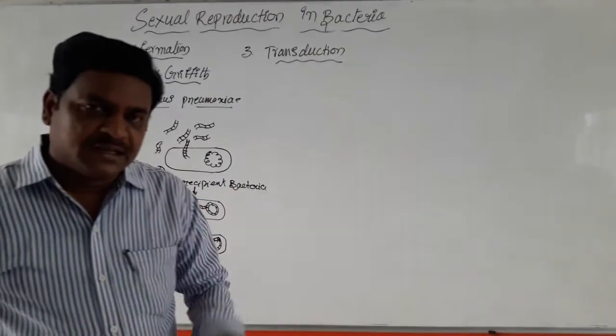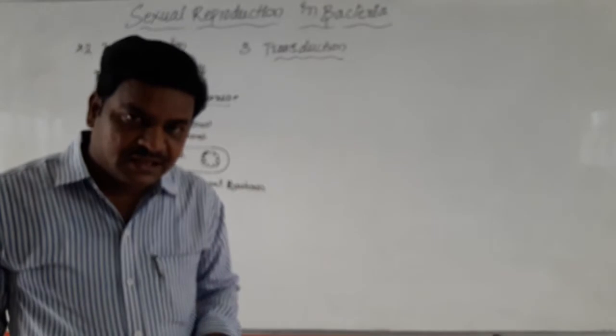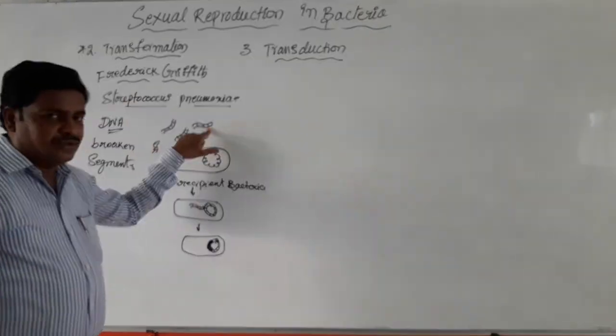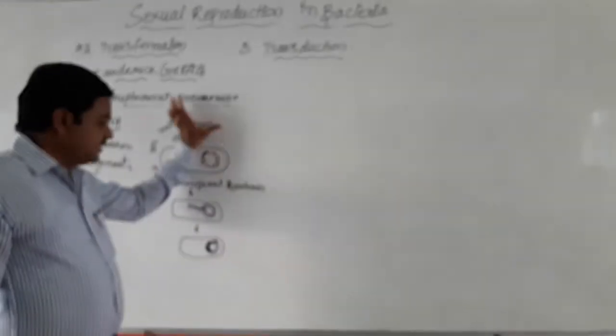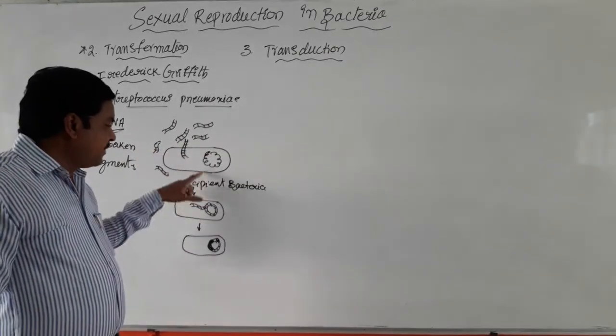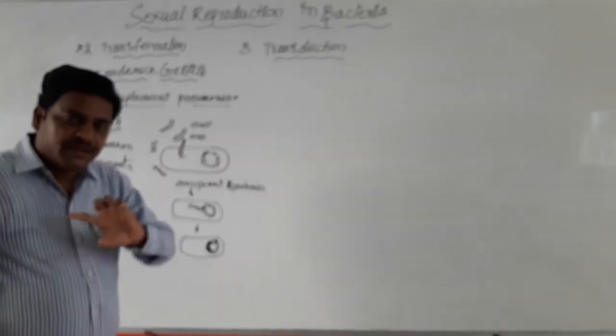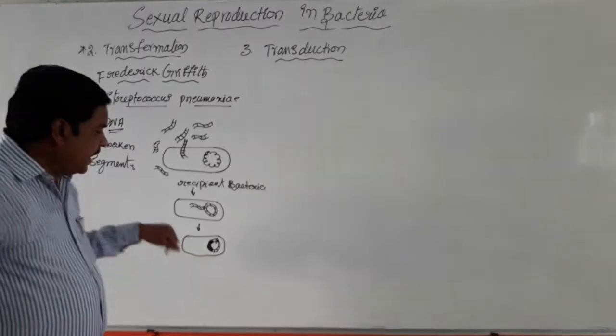In this way, after the death of some bacterial cells, the DNA present in these bacteria is broken into several segments and is present in the surroundings. Now some bacteria take up the segments of DNA from their surroundings and incorporate them into the recipient chromosome.